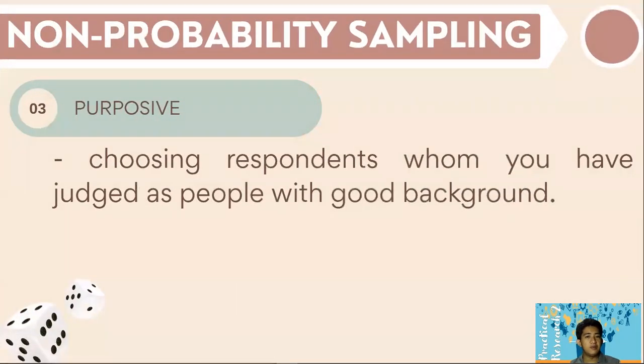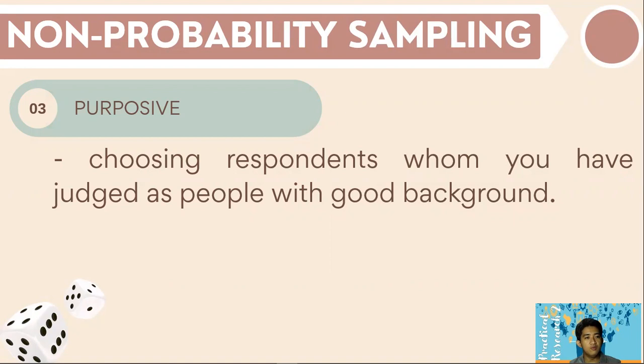Then the last non-probability sampling is purposive sampling, where you choose respondents whom you have judged as people with a good background, or you already have a purpose why you are getting these samples needed for your research. For example, you wanted only those students who are able to answer your questions properly, or you wanted to come up with a study only for a particular group.